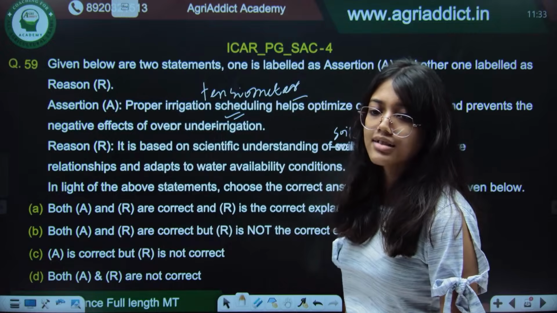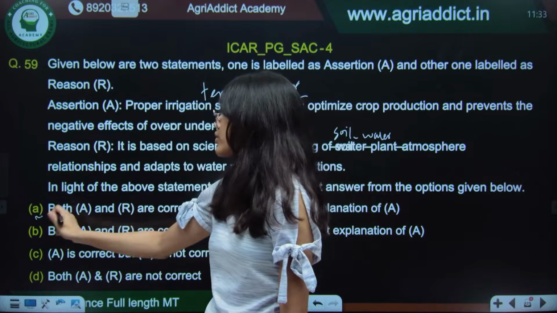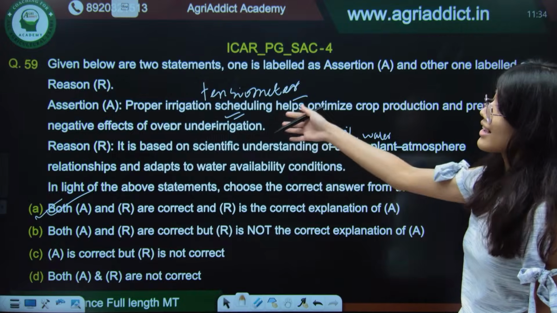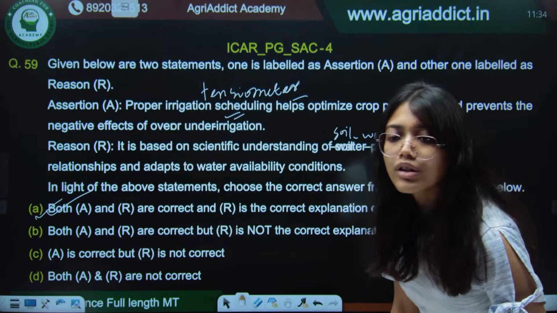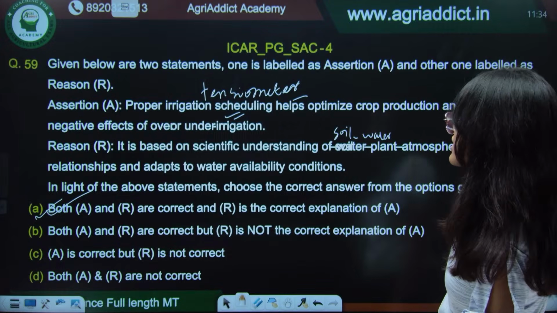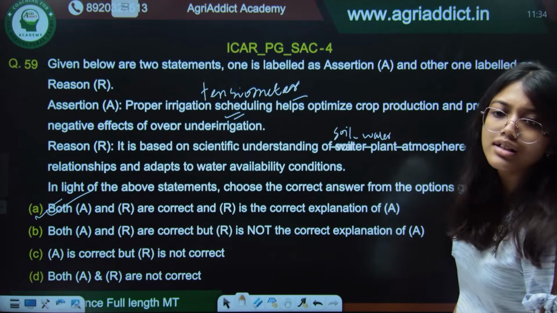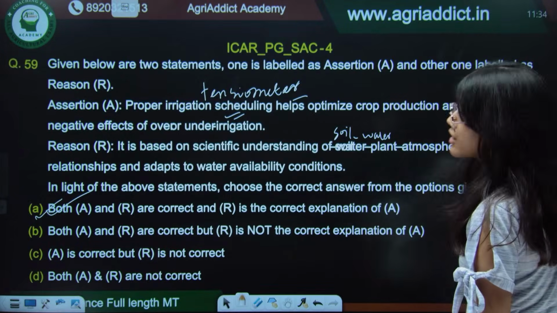So what will be the answer, guys? Very easy question. It will be option number A, because both the statements are true and it correctly explains the above one. It is based on scientific understanding and adapts to water. This is supposed to be true, right? Okay.